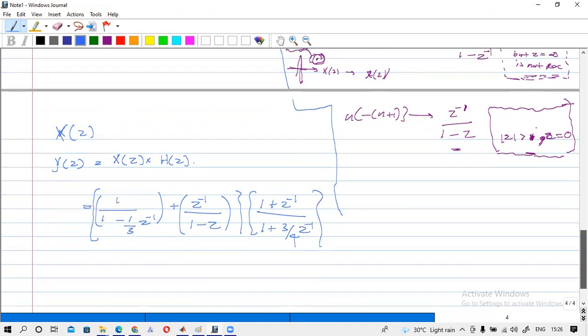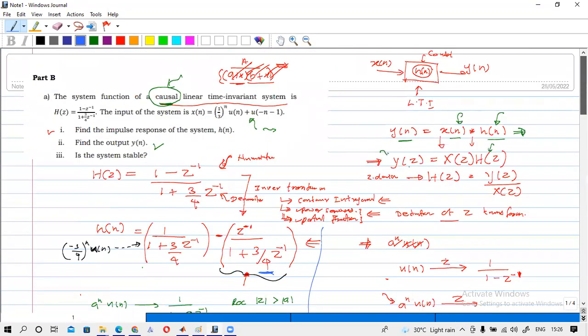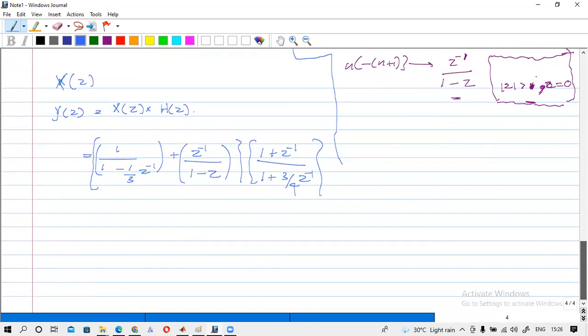Let's see it again: 1 minus z^-1, and 1 plus 3/4 z^-1. So this will be minus. This will be your Y(z).